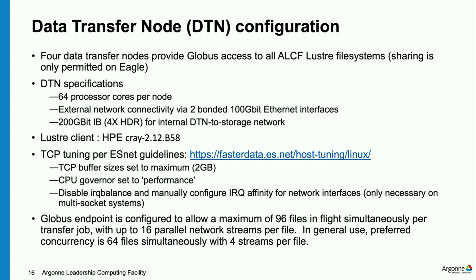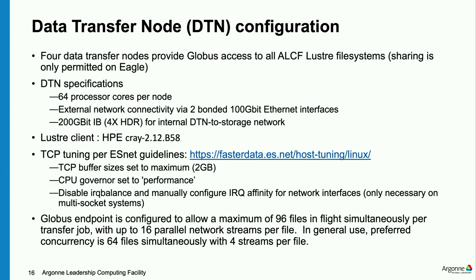Data transfer nodes. There are 4 data transfer nodes. Each has 64 cores, external network connectivity through 2 bonded 100 gigabit interfaces, and on the InfiniBand internal network, it's 200 gigabit HDR interfaces. We have the standard for us Lustre client, the Cray Lustre client 2.12. Currently it's version tag B58.